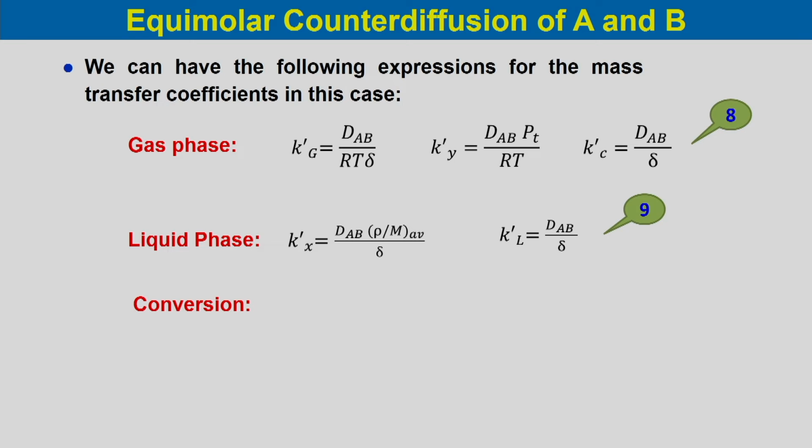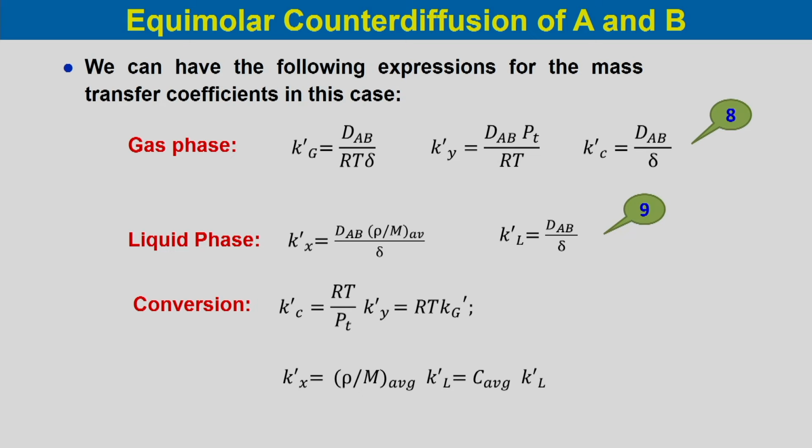So, this is equation 9. Now, if we convert among them, then we will get Kc dash would be equal to RT Kg dash, Ky dash would be equal to Pt Kg dash, Kx dash would be equal to rho by M average KL dash.